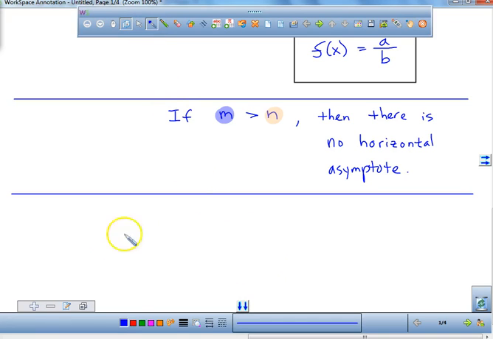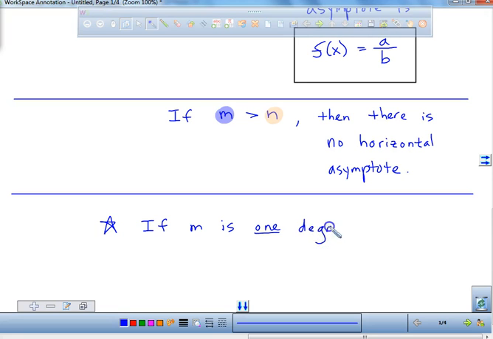Now, underneath this one, put a little star. If m is 1 degree higher than n.